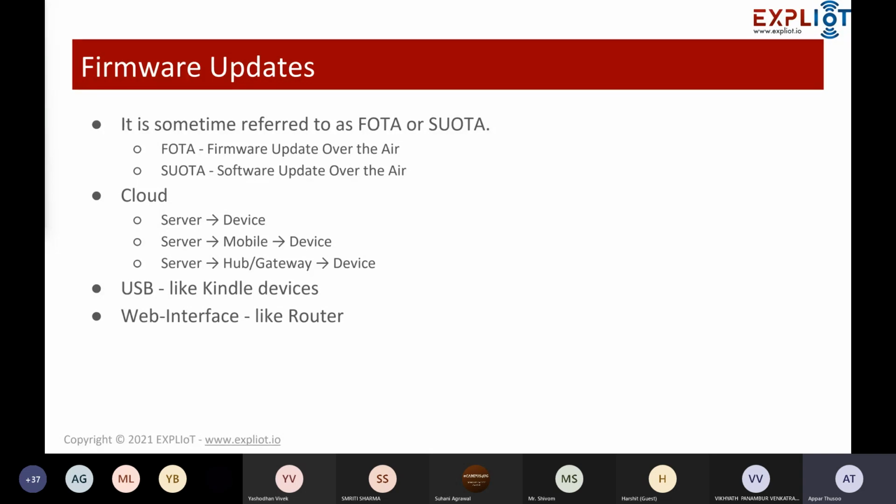Routers have embedded web servers running on them. You go to the home IP, log in, and there is a section where you can do the software update or firmware update on the device. When you click it, the router gets the firmware update directly from the device manufacturer.